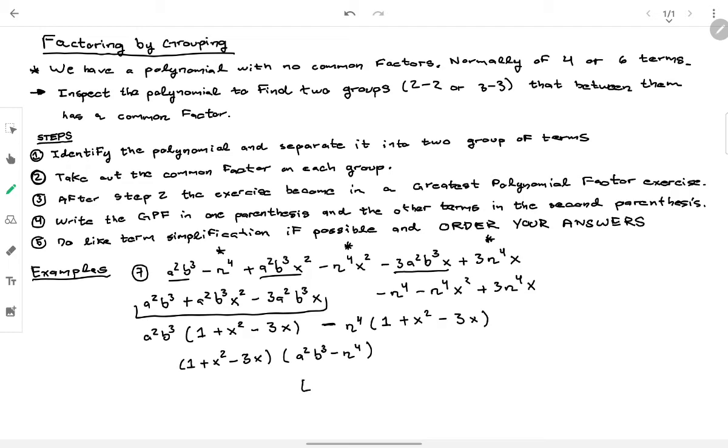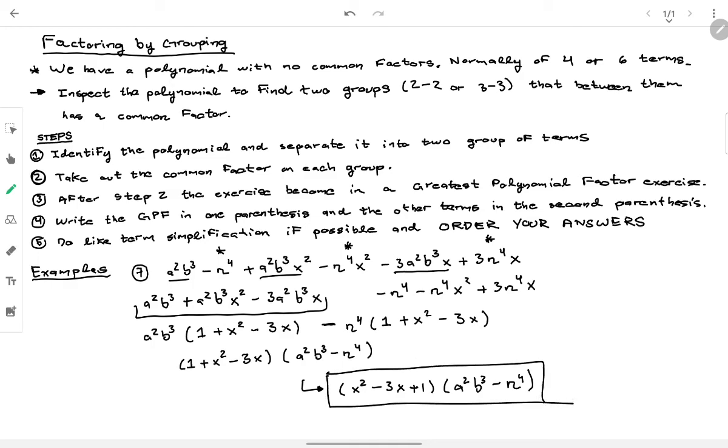So now I need to put it in correct order to be correct. So the first parenthesis or the trinomial must be x squared minus 3x plus 1 that multiplies a squared b cubed minus n to the 4. It's now correctly ordered, so that is going to be our actual final answer.